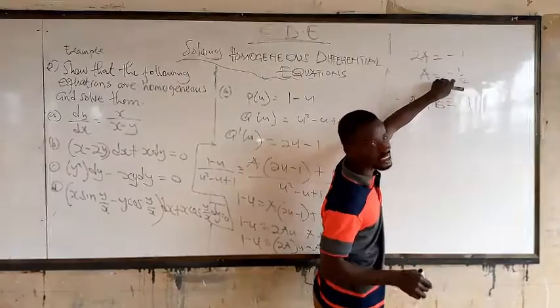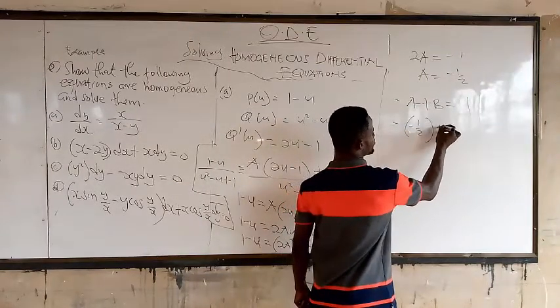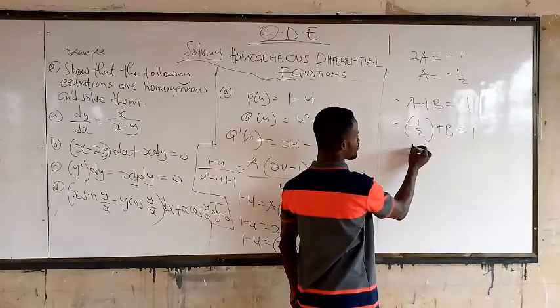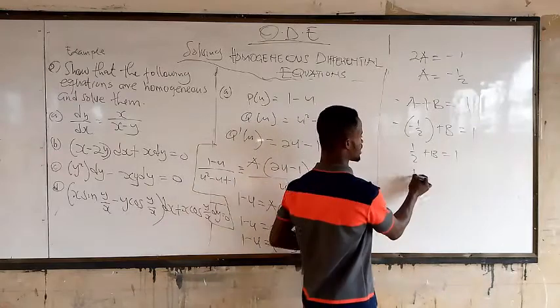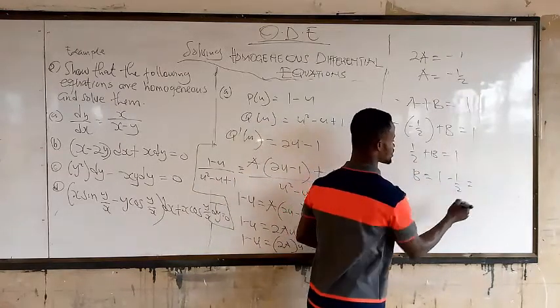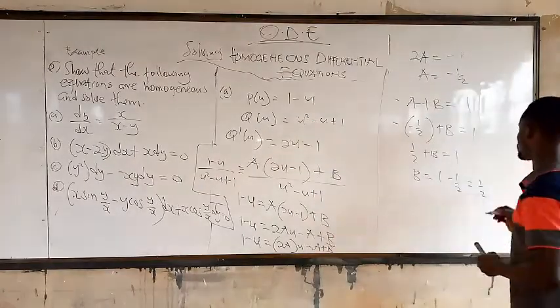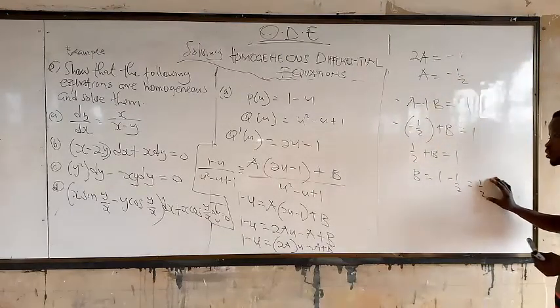We know that A is minus half, so half plus B is equal to 1. So we get B to be 1 minus half, that's going to be half.